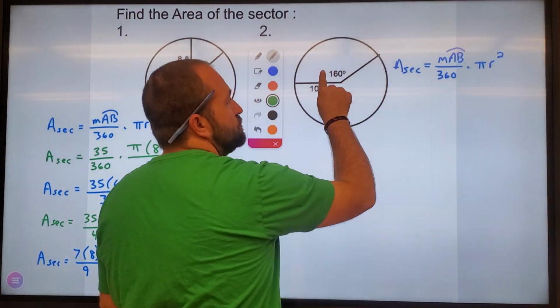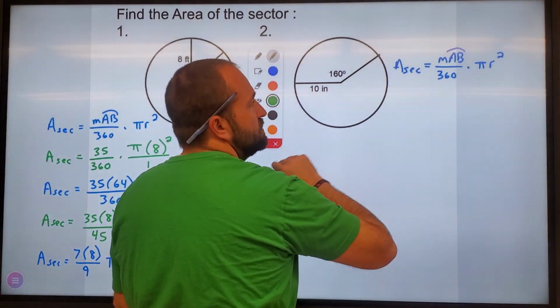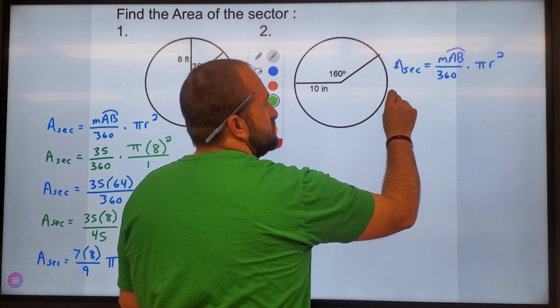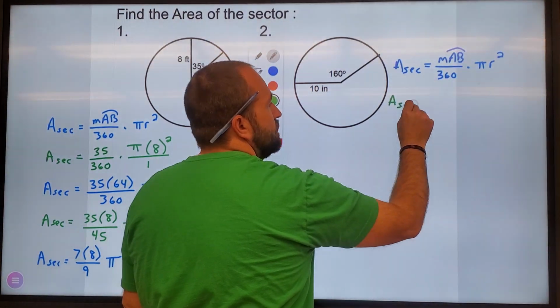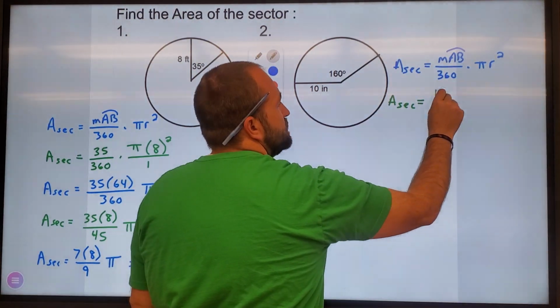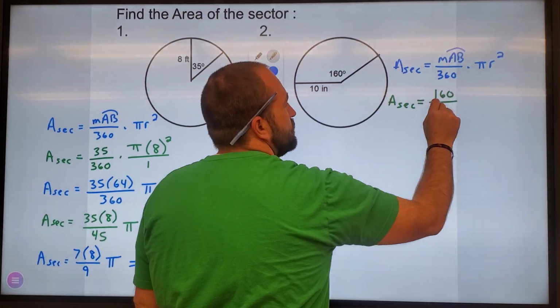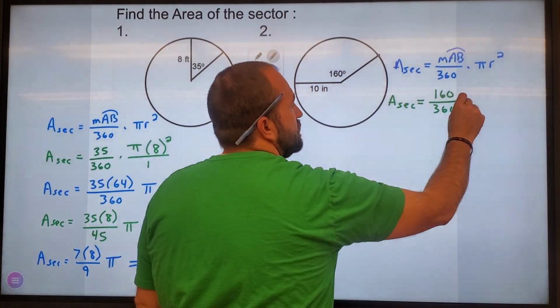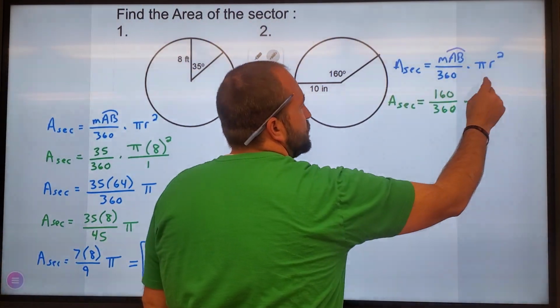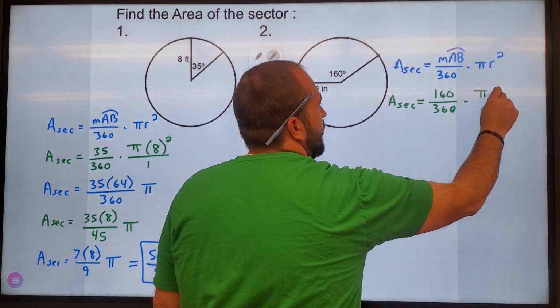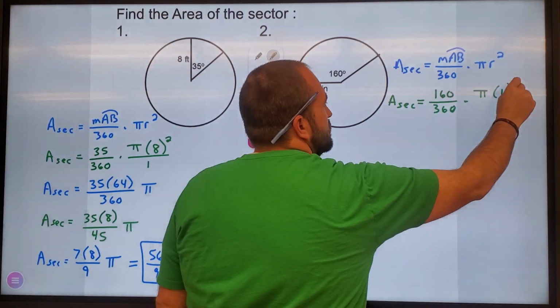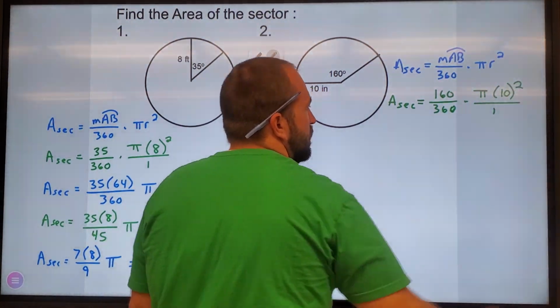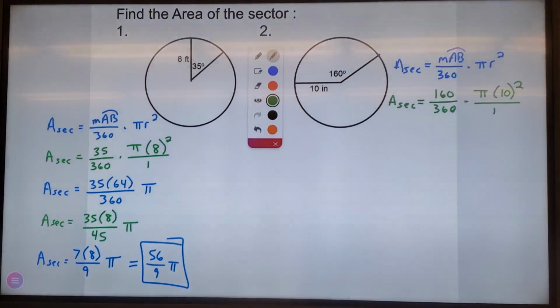I know the central angle, or the measure of AB, is 160. So area of a sector equals 160 over 360 times, and again, I'm going to turn this into a fraction, so pi times 10 squared over 1. Okay.